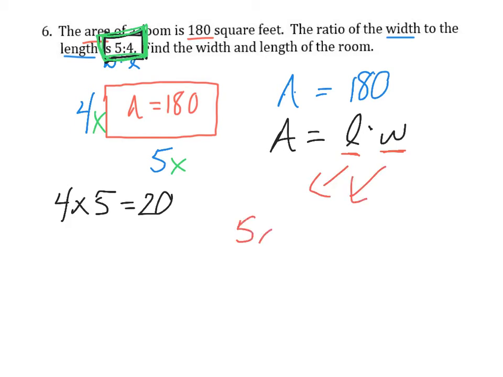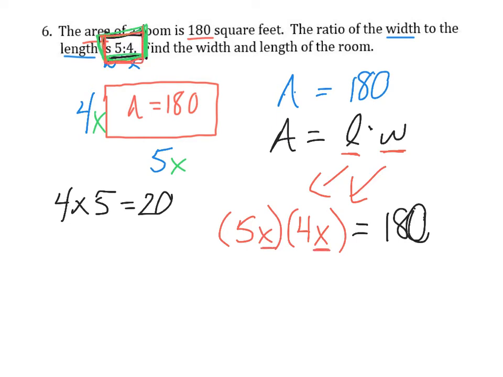We're going to say 5x for my length and 4x for my width, and together they're going to equal 180. So I'm solving for this x. What was it originally before it was reduced to 5 to 4? When I multiply these together, 5 and 4 give me 20. x and x give me x squared, remember, and it's equal to 180.